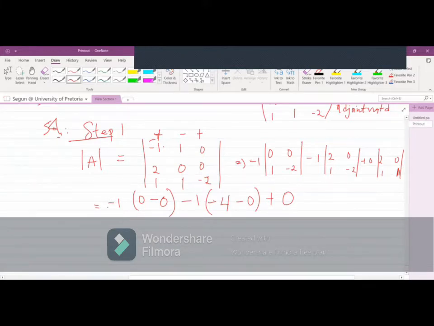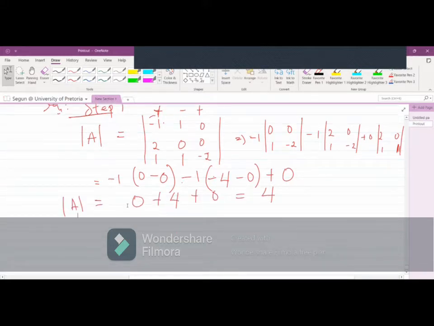The next is -1 multiplied by 4, which is -4. Then plus 4, plus 0. Everything is equal to 4. That's how our determinant is equal to 4. Any question? No, sir. Okay.